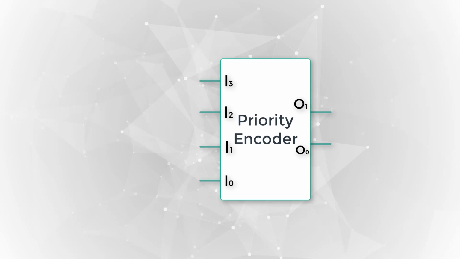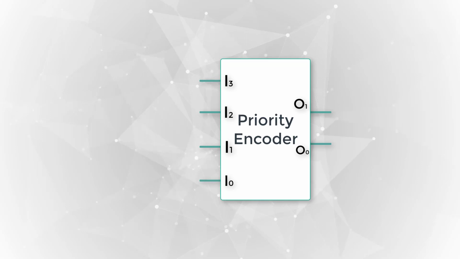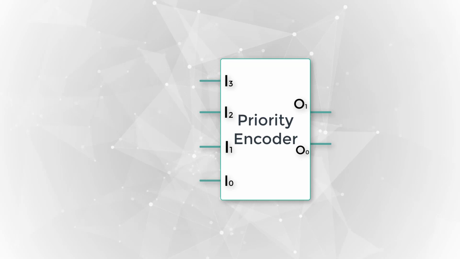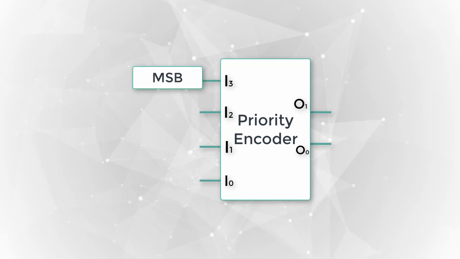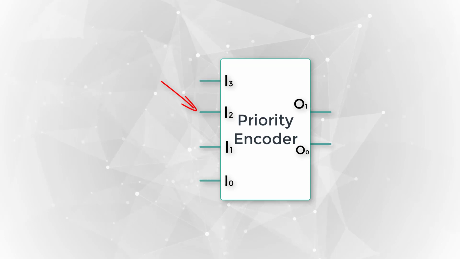A priority encoder looks for 1 as an input signal and converts the input suffix to its respective binary code. And as it gives priority to MSB, it first checks for the MSB to be 1. If not so, it moves to the next bit with the lesser priority.